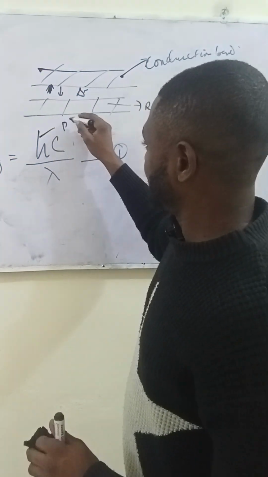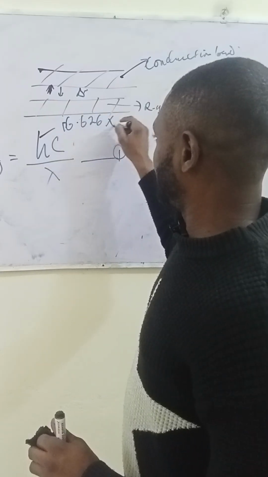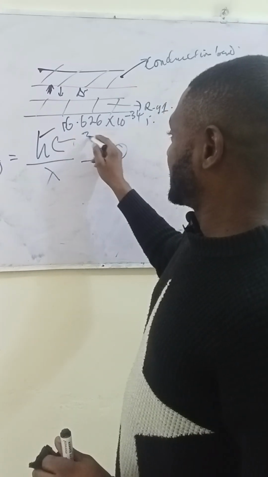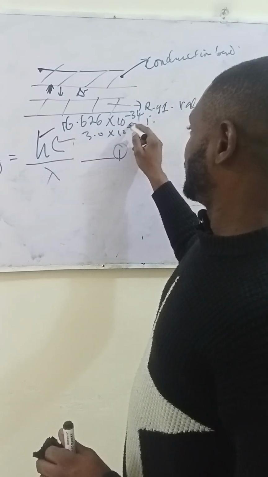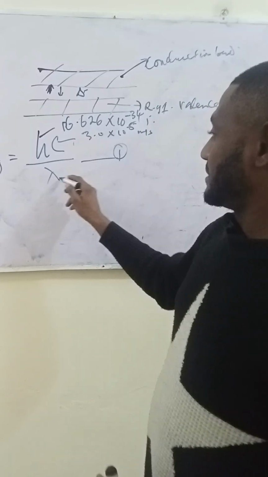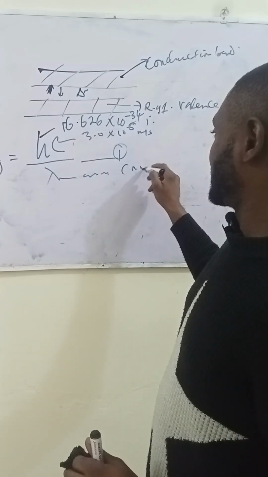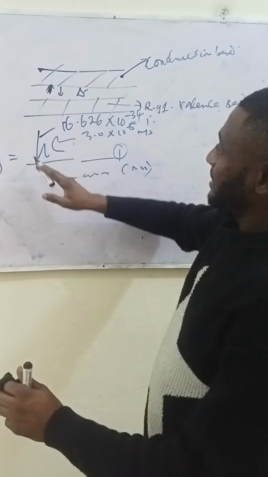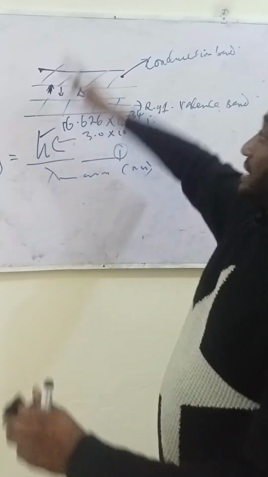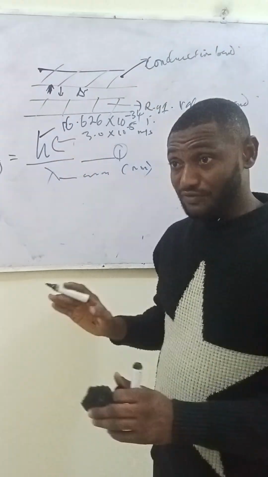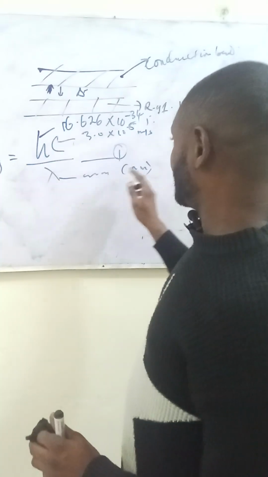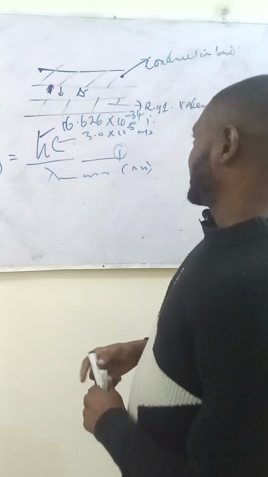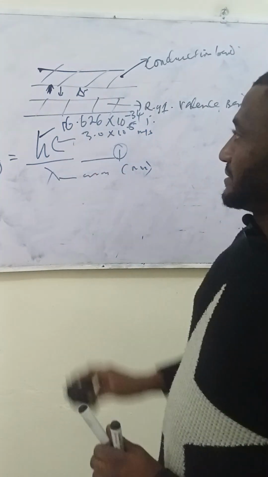Here, Planck's constant is 6.626 times 10 to the power minus 34 joule seconds, c is the speed of light, 3.0 times 10 to the power 8 meters per second, and λ is the wavelength of the emitted light, in nanometers or in meters. So this is the genesis.